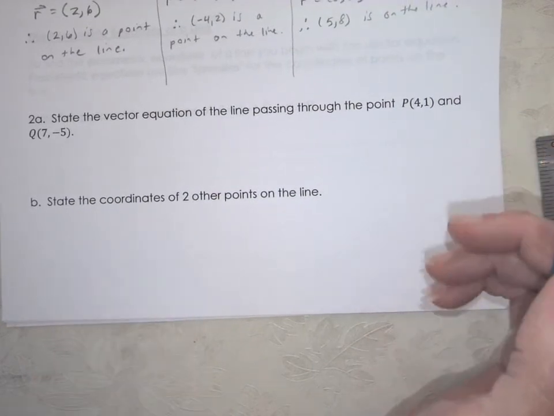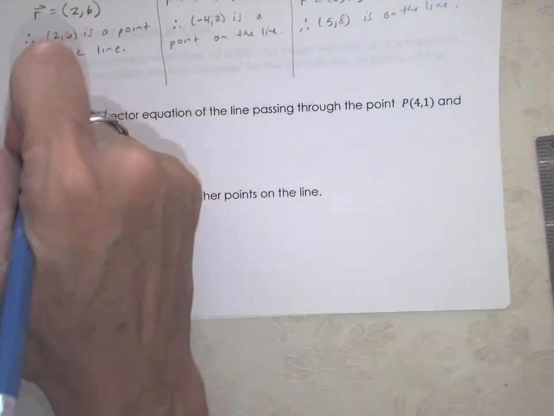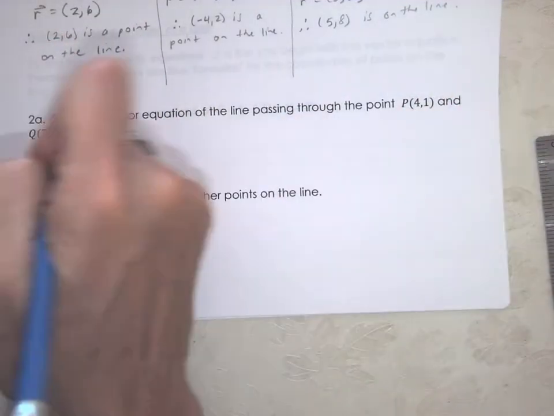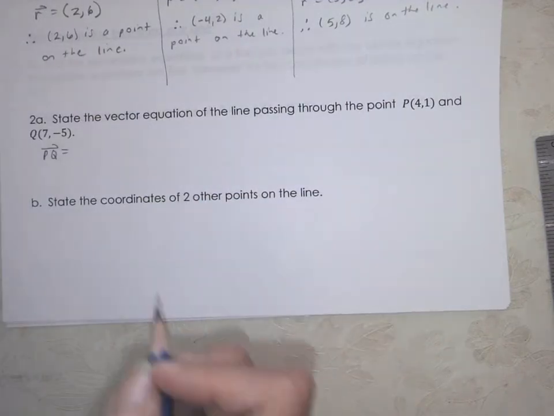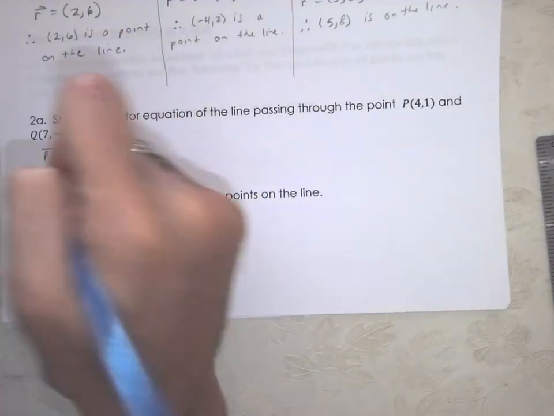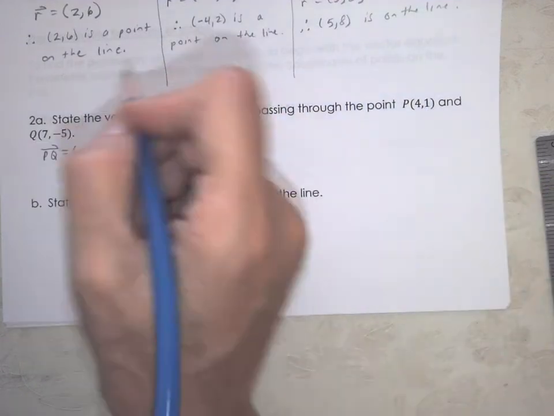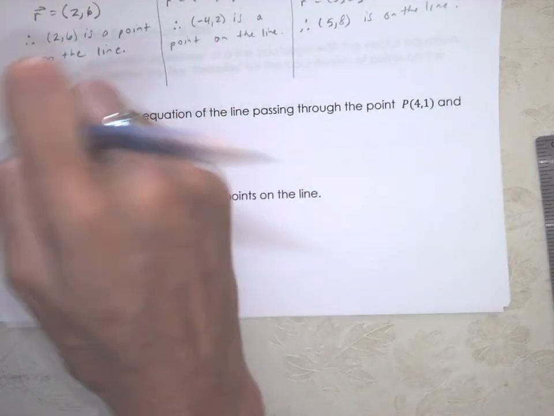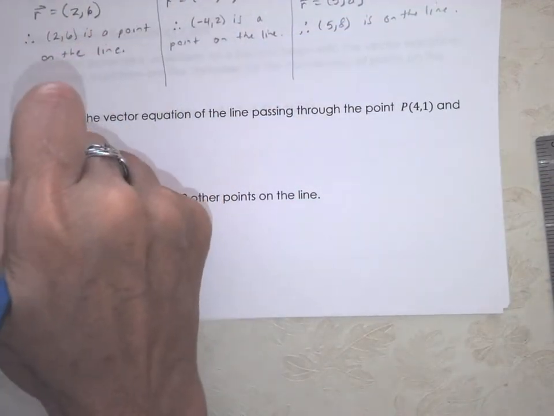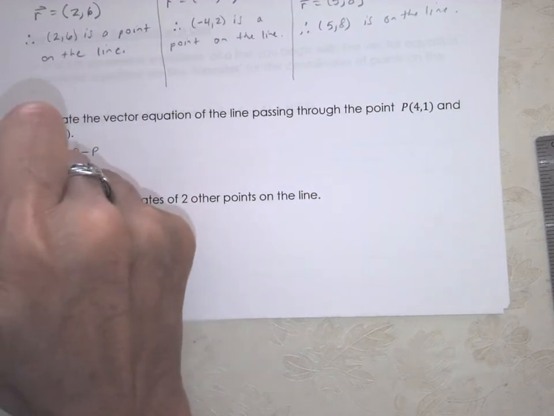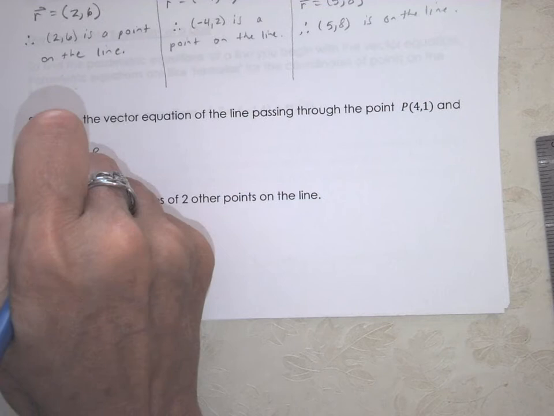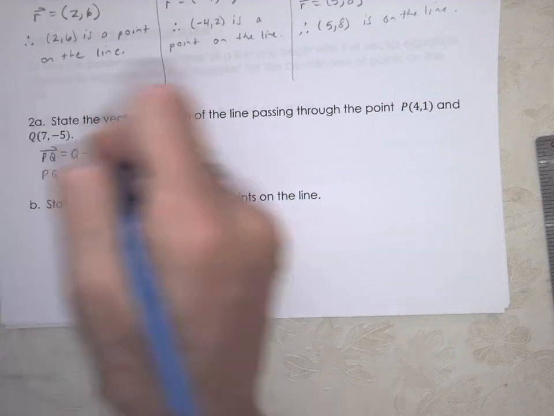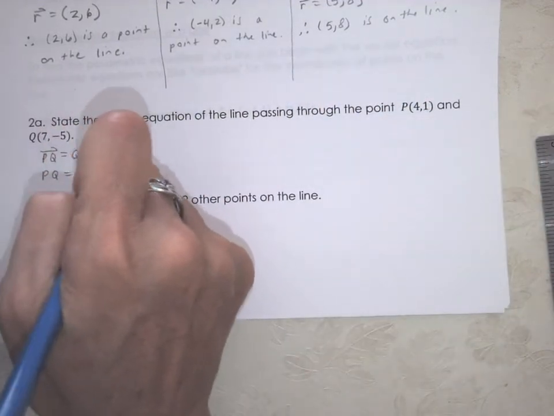But the direction of the line is going to be the direction of the vector PQ. So PQ, we know is Q minus P. So it's going to be 7 subtract 4 and negative 5 subtract 1.